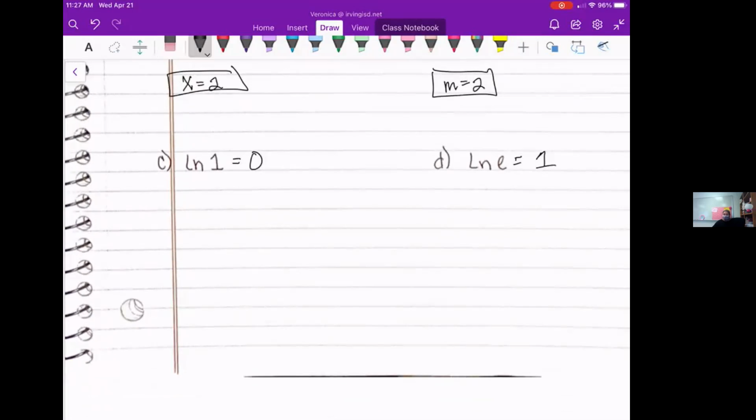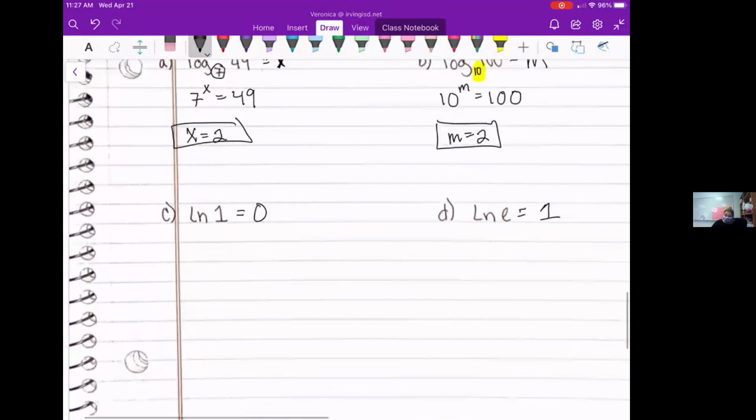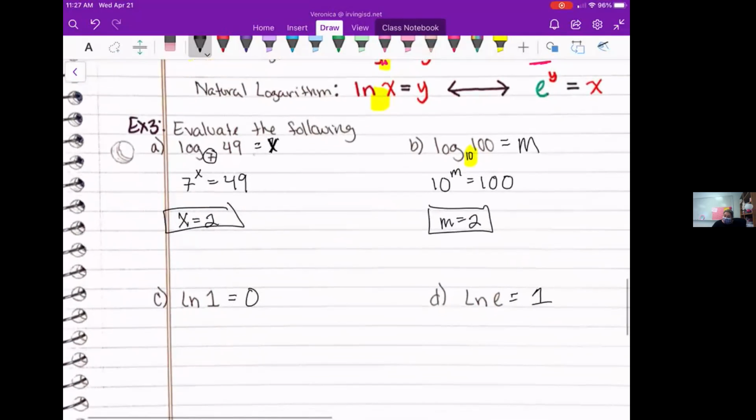Okay, so for C, because it's in natural logarithmic, we know we're going to use this. So ln x equals y, which is the same as base e. So we know this is base e. So e to the power of whatever this number is. We don't know what that number is yet, right? So e to the power of m equals 1. So any base to what power is 1?